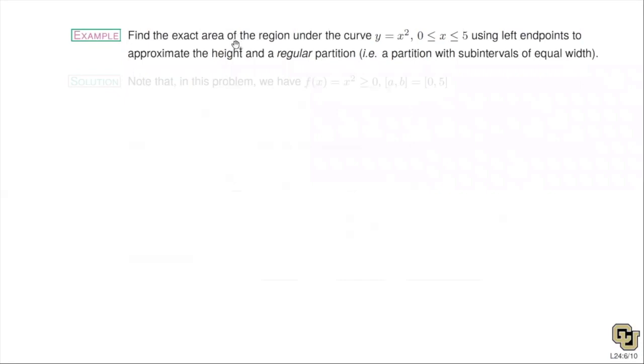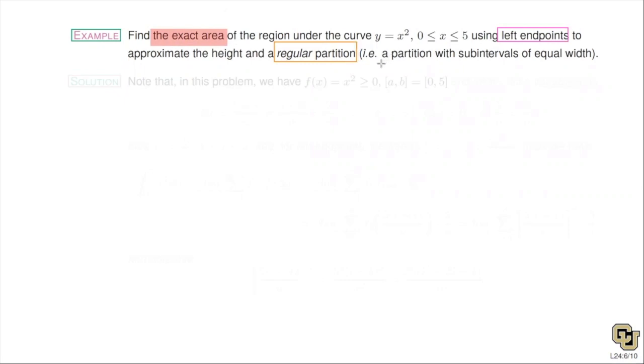The first thing I want you to be extremely aware of is we're finding the exact area. So what does that mean? N will not be given. Here you notice they've told us to use left endpoints. Great, no problem. They've told us to use what's called a regular partition, which is new terminology.